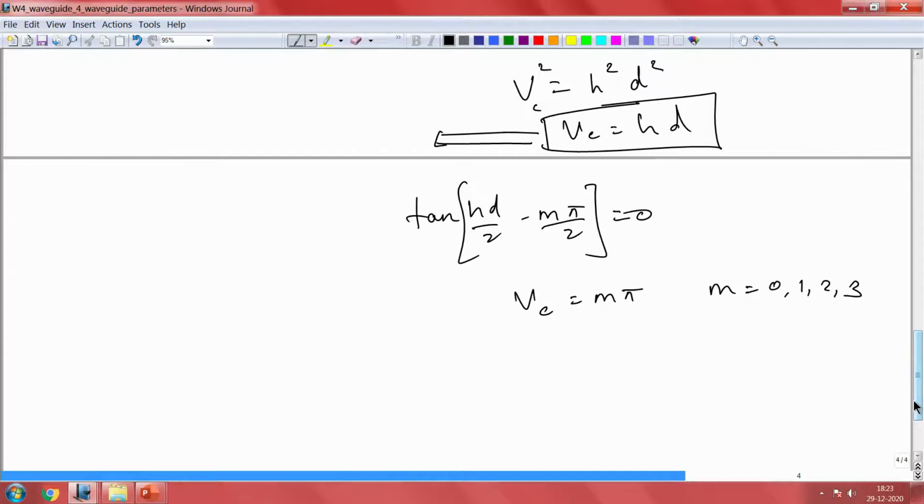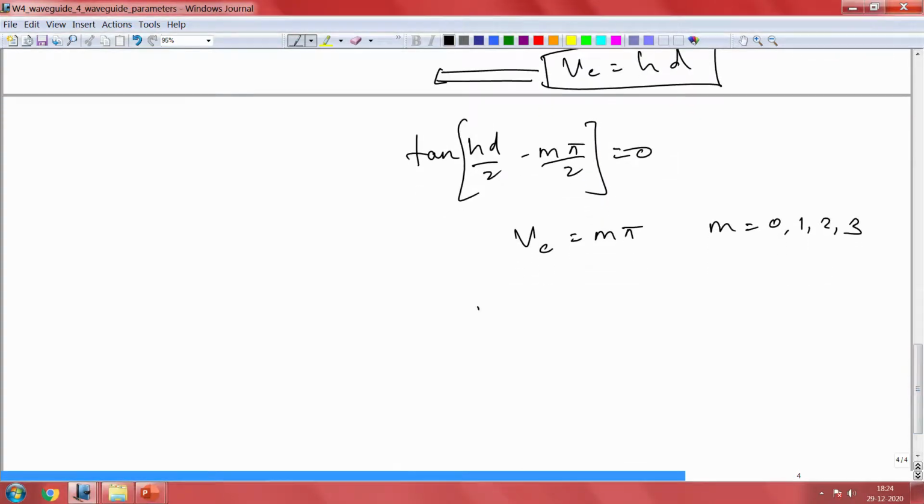So, your condition here, for the number of modes of a symmetric waveguide, is the same cutoff condition. Vc becomes m pi, where m is nothing but your mode number. We can easily find how many modes are propagating by just doing the reverse.